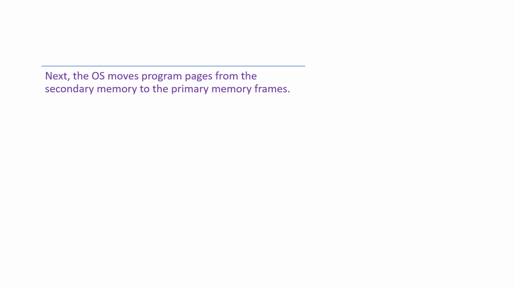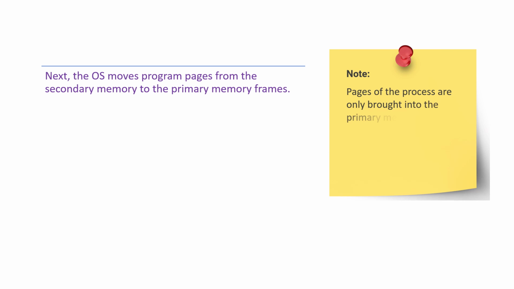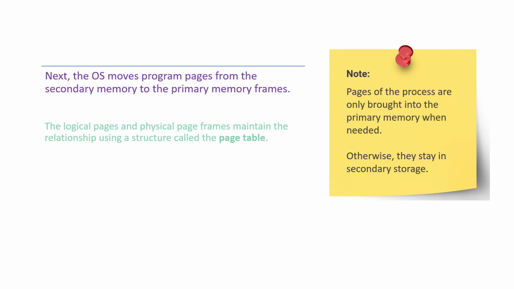The program pages will be in the secondary memory, and when the program executes, the process is divided into pages, and then the OS moves the program pages from the secondary memory to the primary memory frames. Notice that the pages of the process are only brought into the primary memory when they are needed; otherwise they stay in the secondary storage.